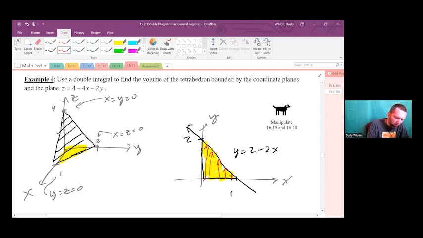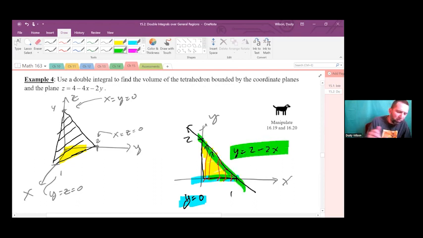And so notice those are all starting at y equals 0 down here, and they're all ending on the line y equals 2 minus 2x. I didn't label the step. Again, this is all the first step, which is find the region or sketch the region.